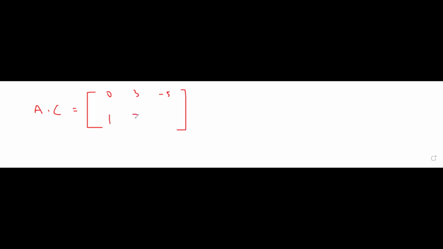And the other row is 1, 2, 6. So that's my matrix A. Now matrix C is here, and it's actually 3 by 2. So it looks like it matches. It has 4, 1, 6, 2, and -2 and 3. Okay, so I hope I copied this correctly.